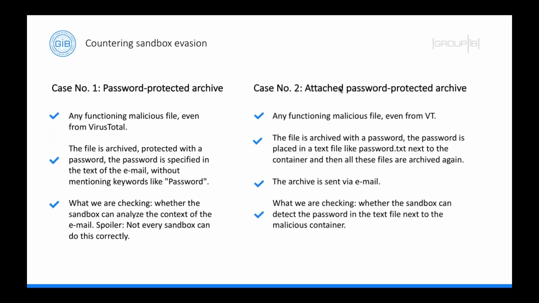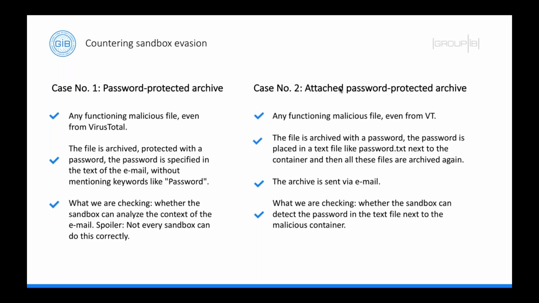And another case is the situation when the password for the actual payload is included somewhere near the actual payload. So you don't put the password in the text of the letter, you put it in a separate file like password.txt, for instance.